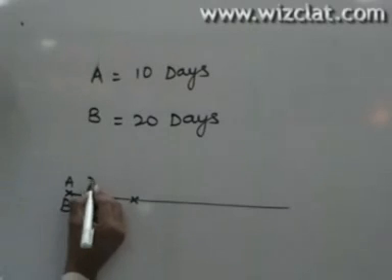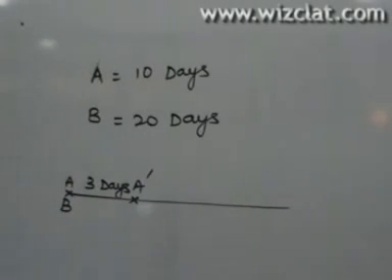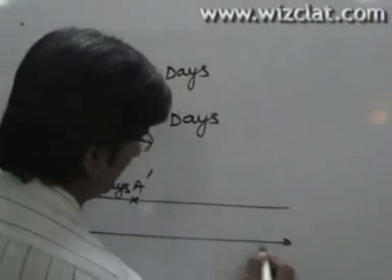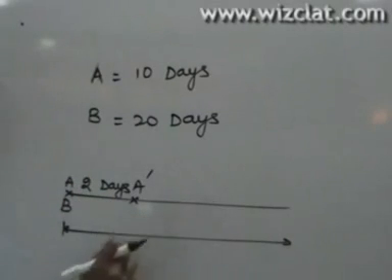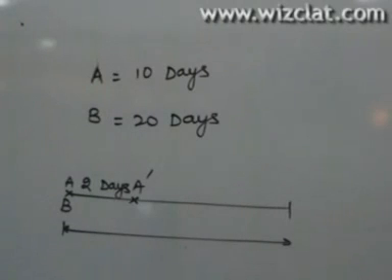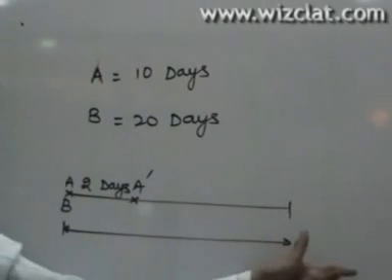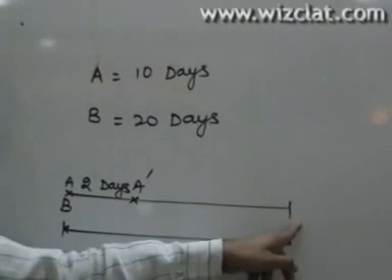After, let us say, 2 days A left. So the remaining work was done by B alone. The question is how long it took to complete the work by both of them.